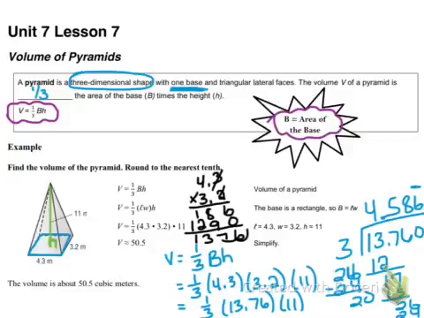And then we have to multiply that times 11. Let's see where I have room. Since that 6 would keep repeating, I'm going to go ahead and just round that to 0.587.